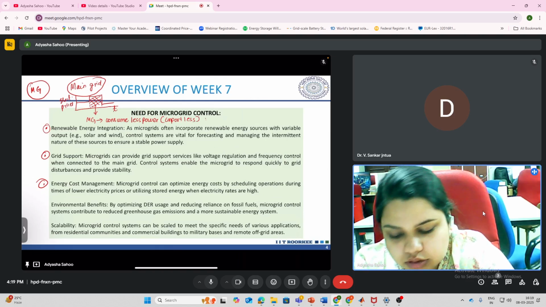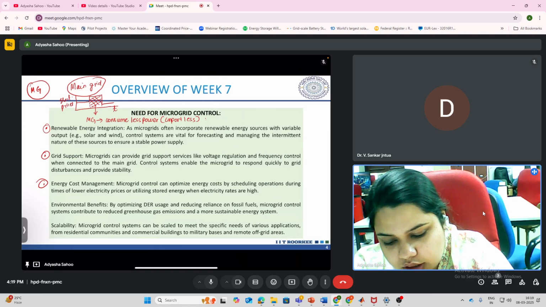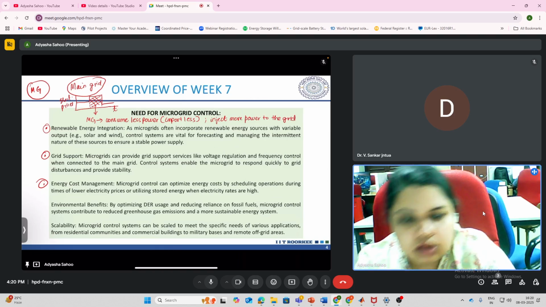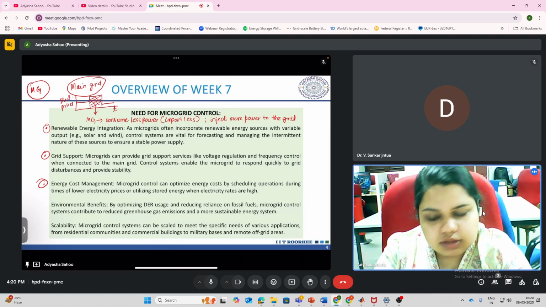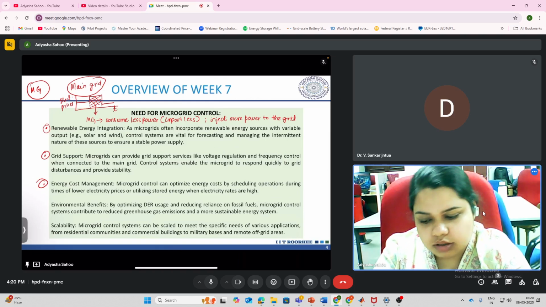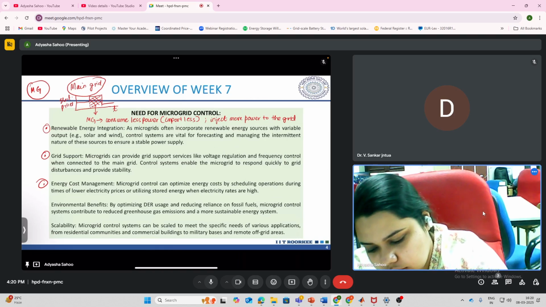And also during this condition, if it is having sufficient generation, then it will try to inject more power to the grid. Because in this case you are trying to sell the excess electricity at a higher price to the main grid, in case of this high price.